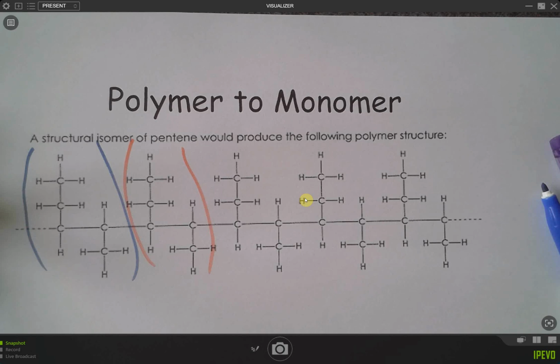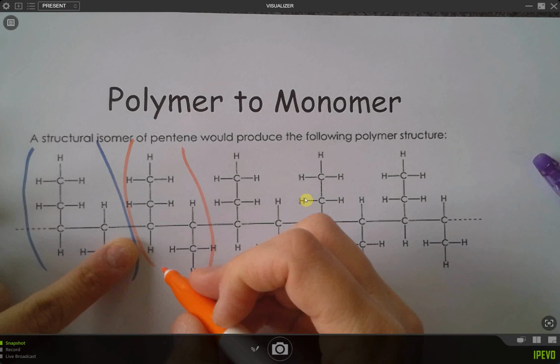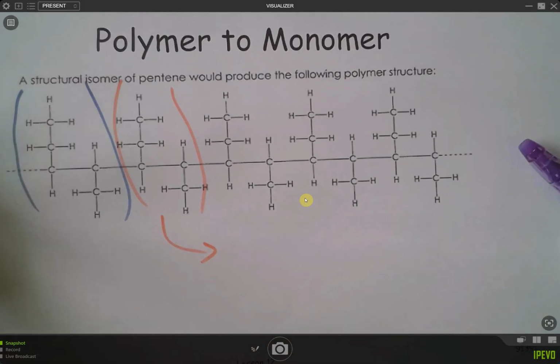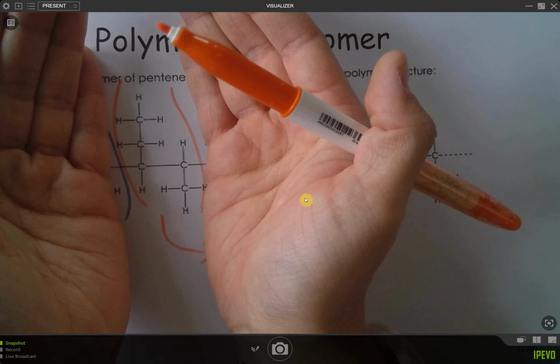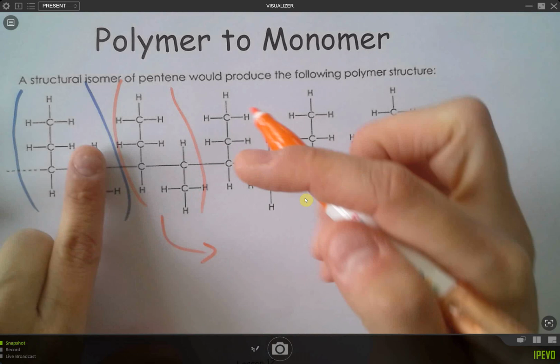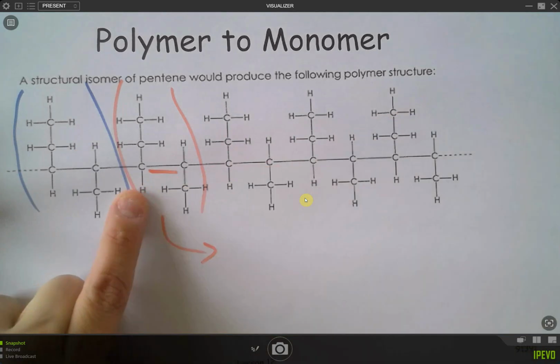What you then need to be able to do is take this structure and figure out what the monomer is going to be. Again, really straightforward, don't overcomplicate it. If I identify this as the monomer, and I break the bond here and here, I'm going to be putting the double bond here.